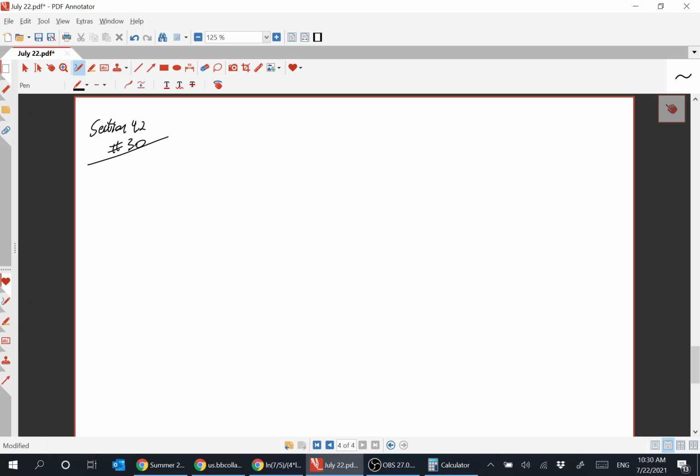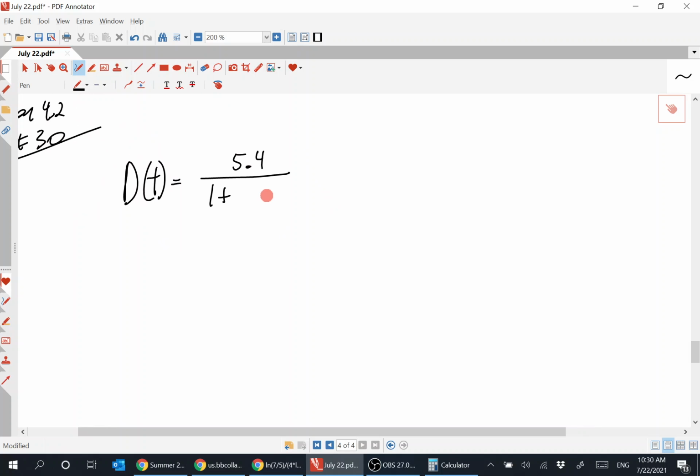So for a certain type of tree, the diameter in feet depends on the tree's age according to this logistic growth model. So it's saying that the diameter of a tree in feet is 5.4 over 1 plus 2.9 e to the minus 0.01 t, so t over 100.